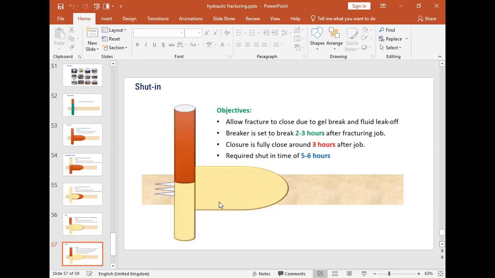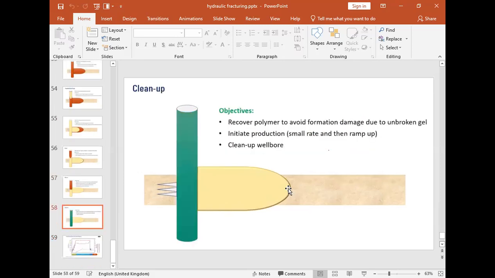But after a given time, remember, we are talking about a proppant withstanding the closure stress, but you have to be rest assured that there should be some degree of closure that will take place. That one is for sure. So that's the reason why you are allowing the entire system to go into equilibrium, so that you should be able to give a good characterization of that particular system.